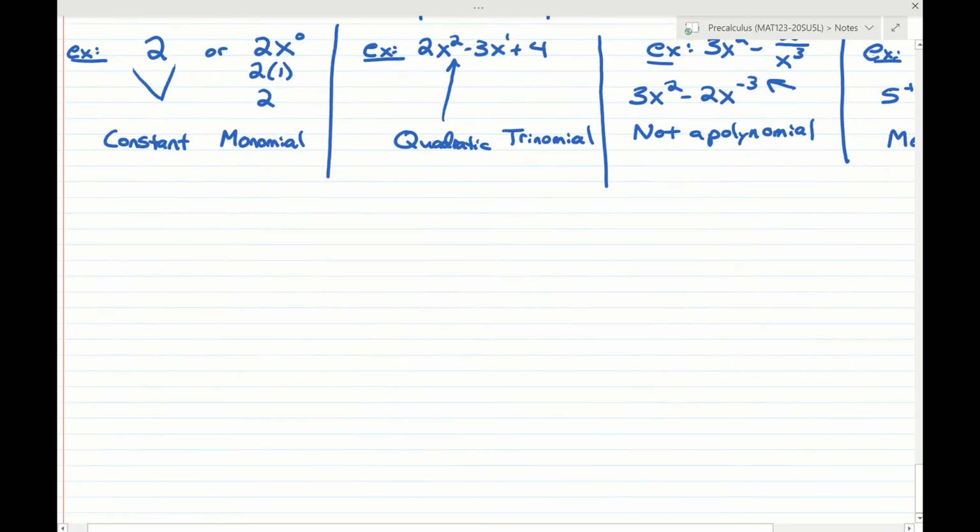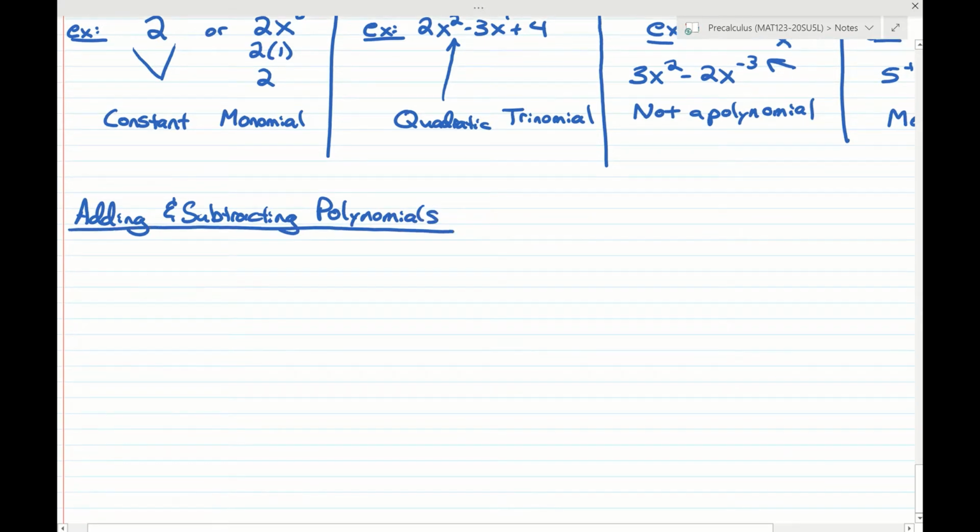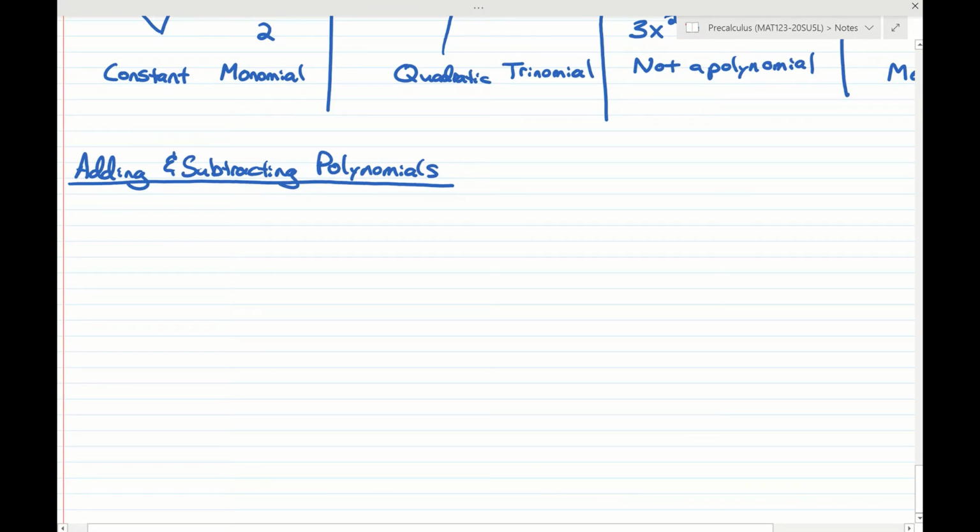Next, let's talk about how to add and subtract. And generally what you want to do when you're adding and subtracting polynomials is we just distribute and combine like terms.